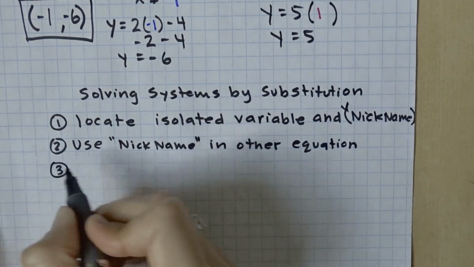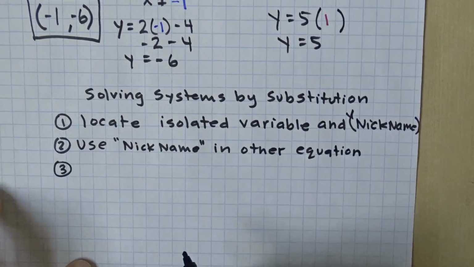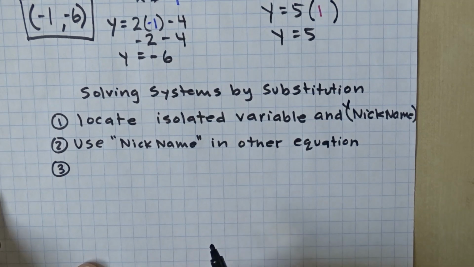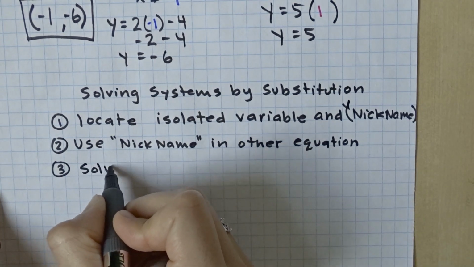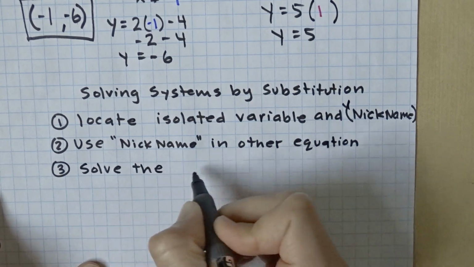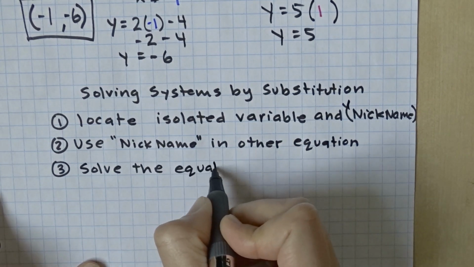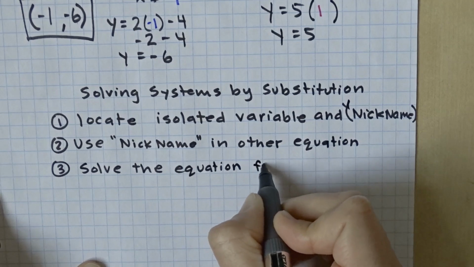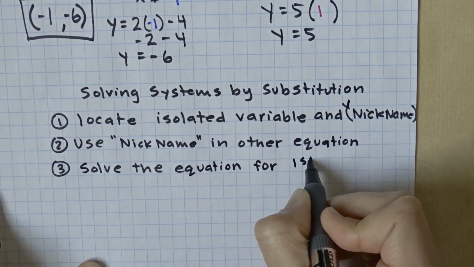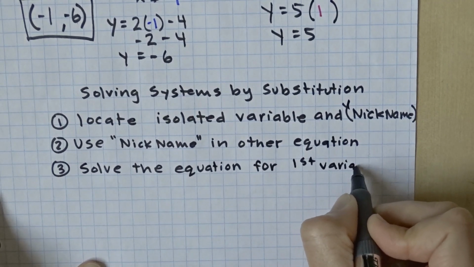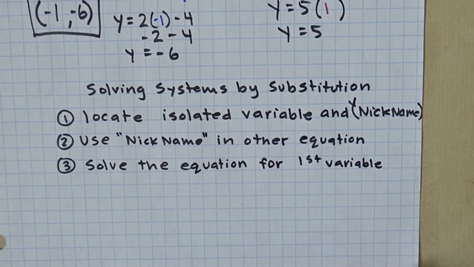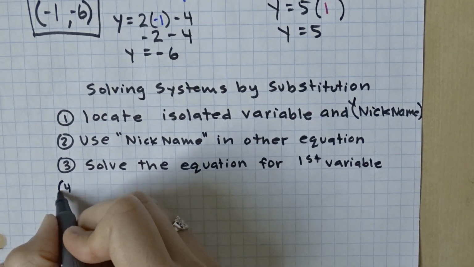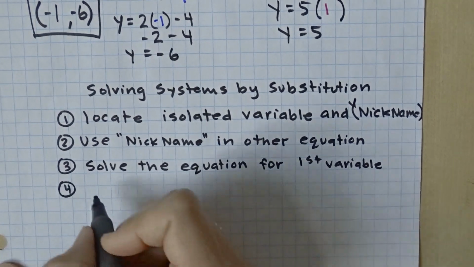Then the third thing we did is we solved it. All right. And once you got your first variable all by itself, you got your answer, we did the fourth thing, which was plugged it back into the nickname.